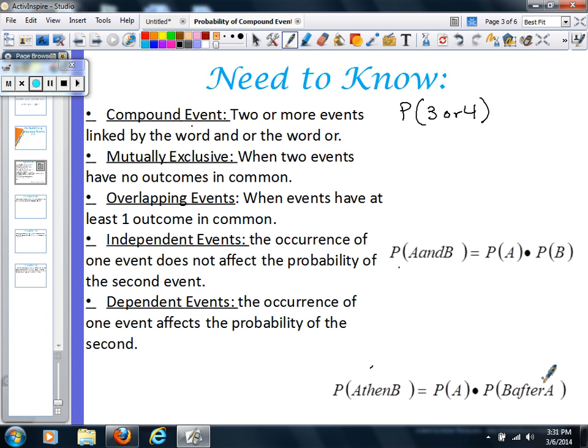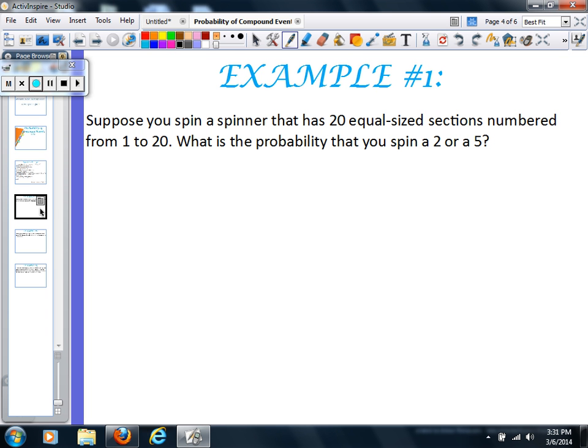So that's probably not going to make a whole lot of sense yet, but let's actually get to some problems, okay? So the first problem says, suppose you spin a spinner that has 20 equal sized sections numbered from 1 to 20. What is the probability that you spin a 2 or a 5?